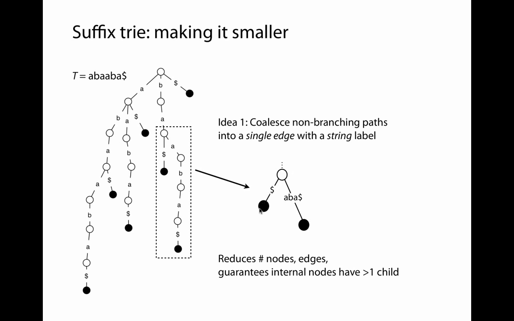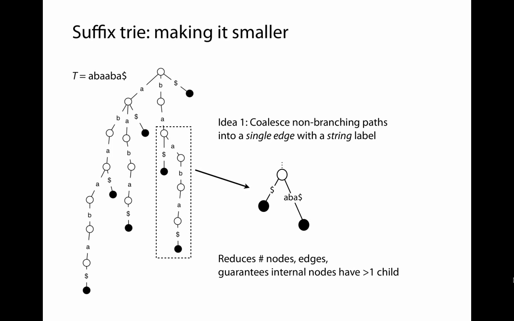We still have this $ child, but now instead of a string of nodes labeled A, B, A, $, we have just one child node where the edge to that child node is labeled A, B, A, $. The edge is now labeled with a string. So this clearly reduces the total number of nodes and edges in the graph.